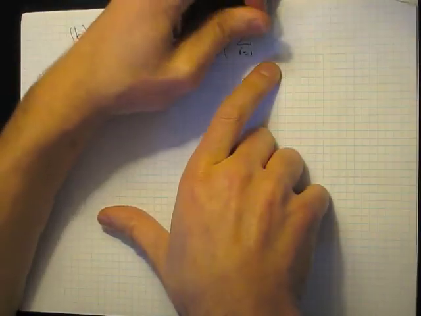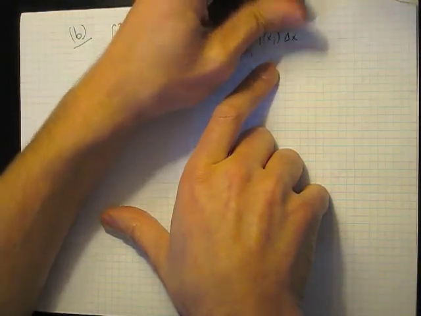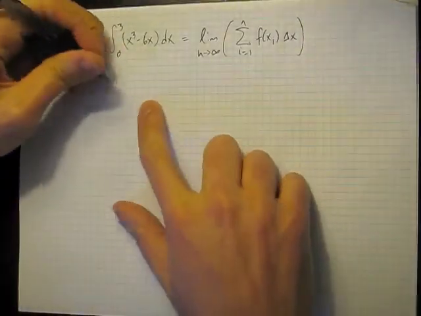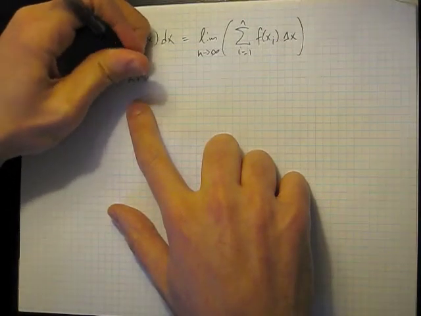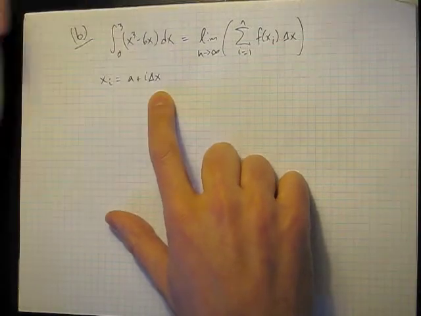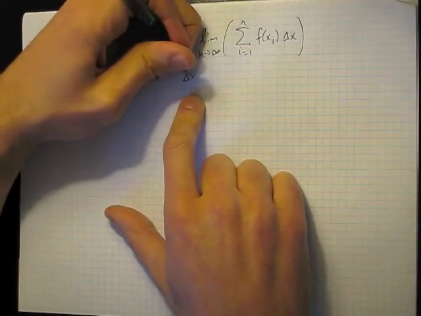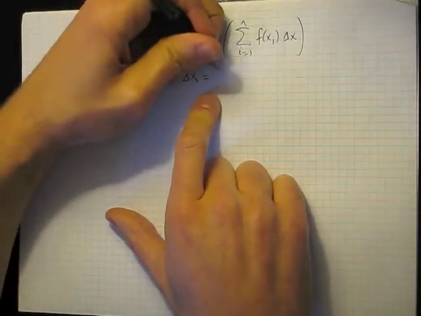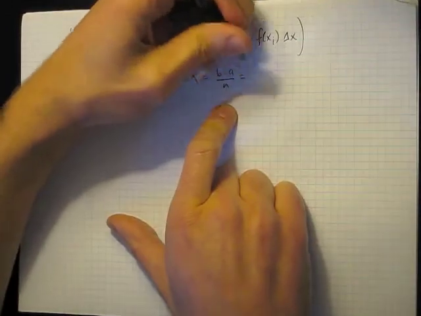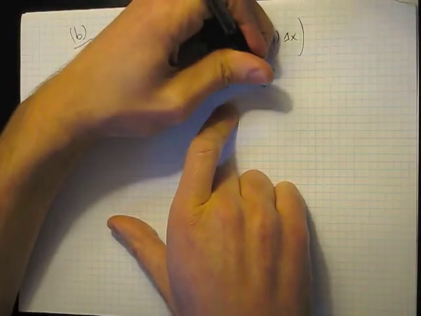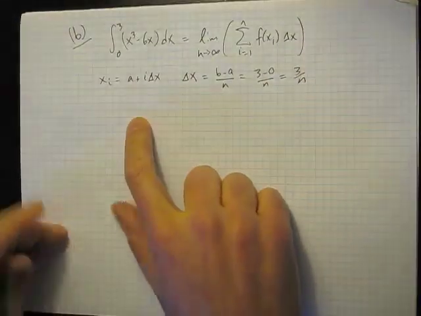But the formula is the same, like this. Again, our xi is equal to a plus i times delta x. But in this case, delta x is a little bit different. Delta x doesn't have a 6 in it anymore. It has an n. So delta x is b minus a over n. And this is 3 minus 0 over n. And so that's 3 over n, like this.